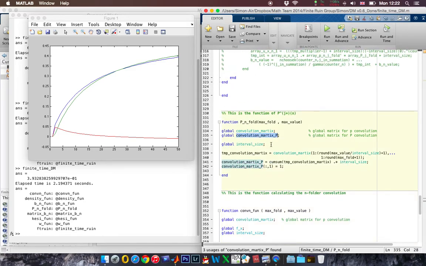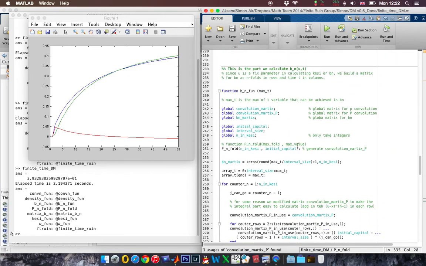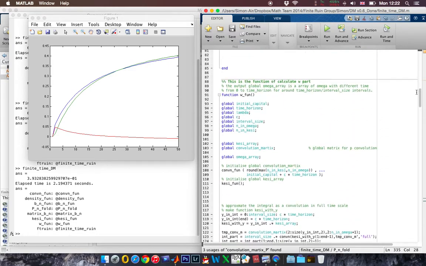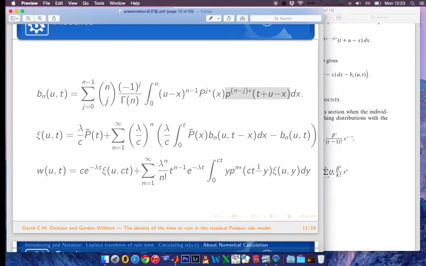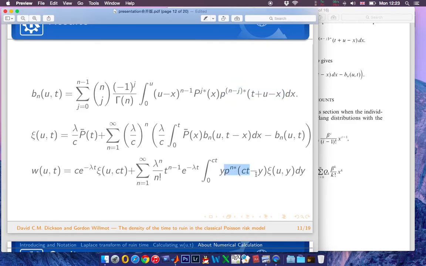Since they are global variables, even before calculating the Bn, if you look carefully, when we're calculating the W function, we already need the convolution of little p.